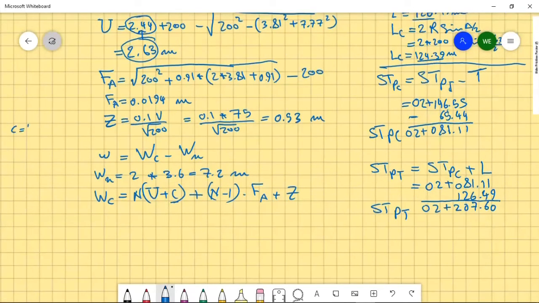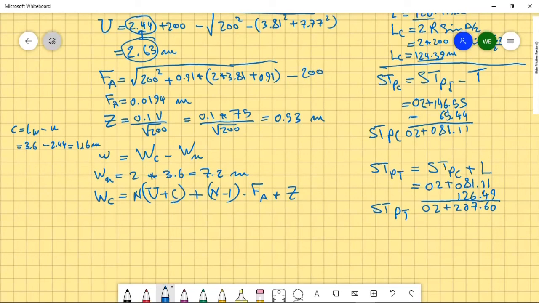C equals lane width minus U, which is the normal wheel track. So the lane width is 3.6 minus 2.44. That means C, here we are trying to maintain the same clearance. Okay, so 3.6 minus 2.44, that's 1.16 meter.